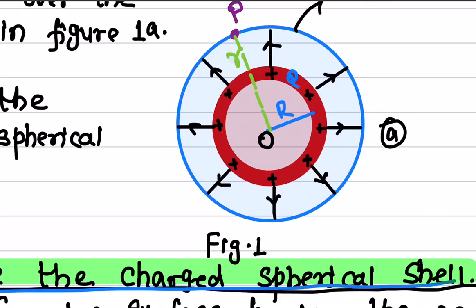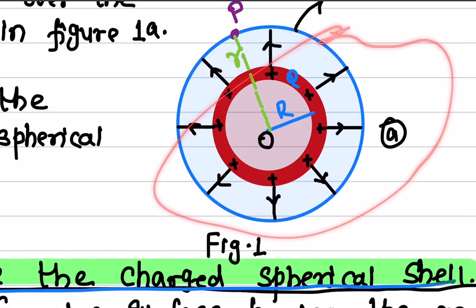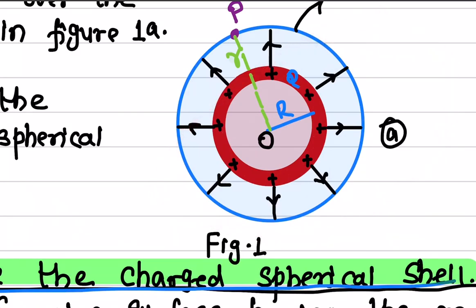It doesn't matter where you take it. That's the reason for choosing a spherical Gaussian surface. You could have chosen this Gaussian surface too, but the problem with choosing this kind of Gaussian surface is that you do not know if the area will be this way and the electric field is this way. So you have to find out the angle. Then it will be a lot more complicated. That's the reason we're choosing a symmetric Gaussian surface, just to make life easier.